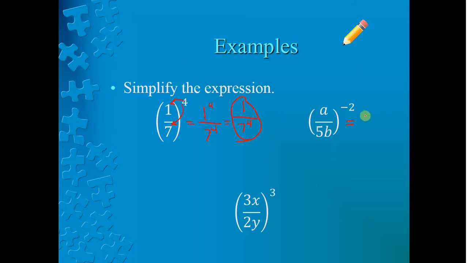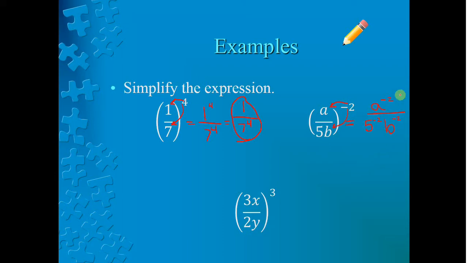What about this one? They give that negative 2 to the top and to the bottom. Notice how there are 2 things on the bottom. Make sure that negative 2 goes to both of the factors, both of the terms there. So we have a to the negative 2 over 5 to the negative 2, b to the negative 2. Oh, but wait, I can't have negative exponents.